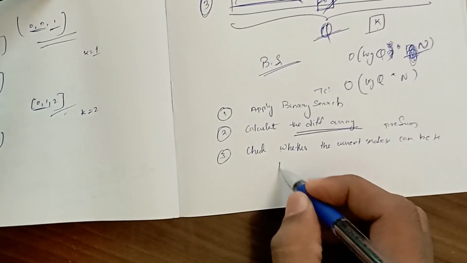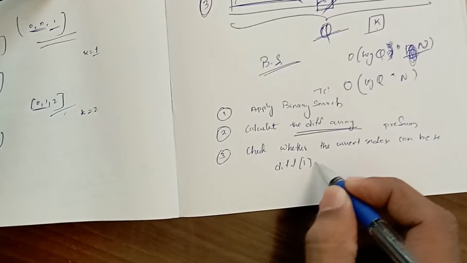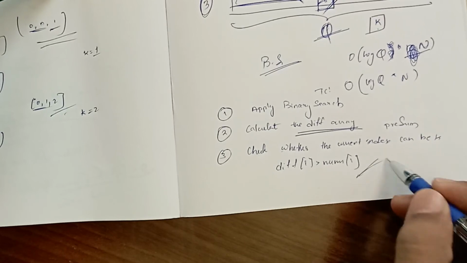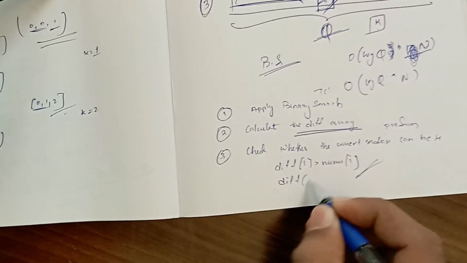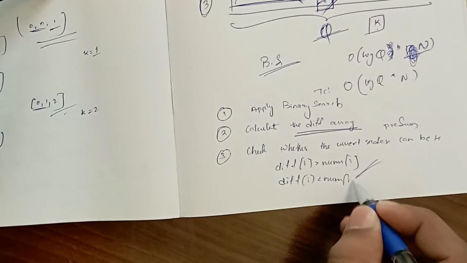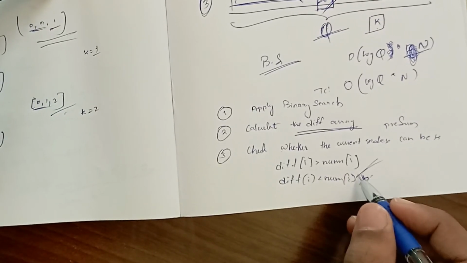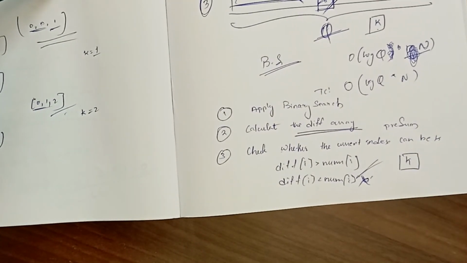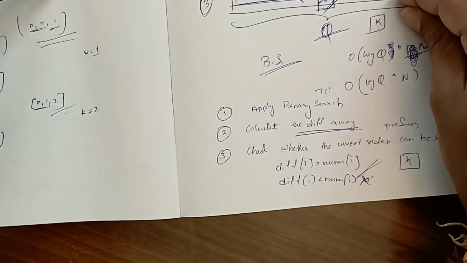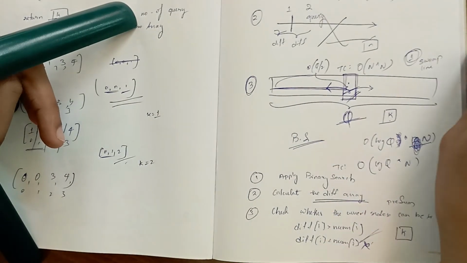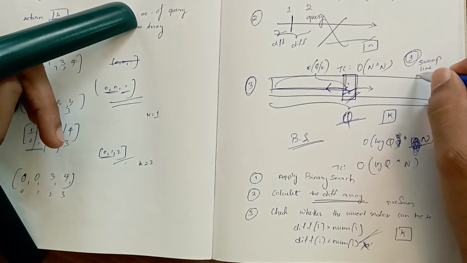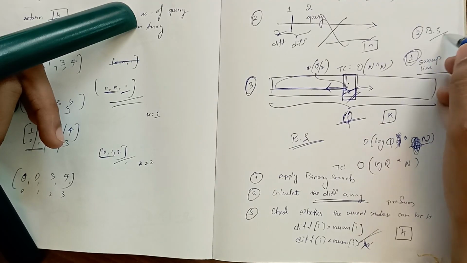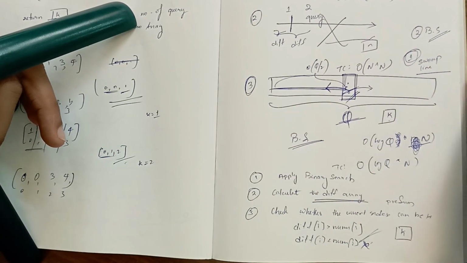That means if the difference of i is greater than or equal to nums of i, then it is true. But if the difference of i is less than nums of i, then it is not the correct k index which you are looking for. This is the sweep line algorithm, and the intuition you need to get is binary search. Then you can reduce the time and space complexity. Thanks.